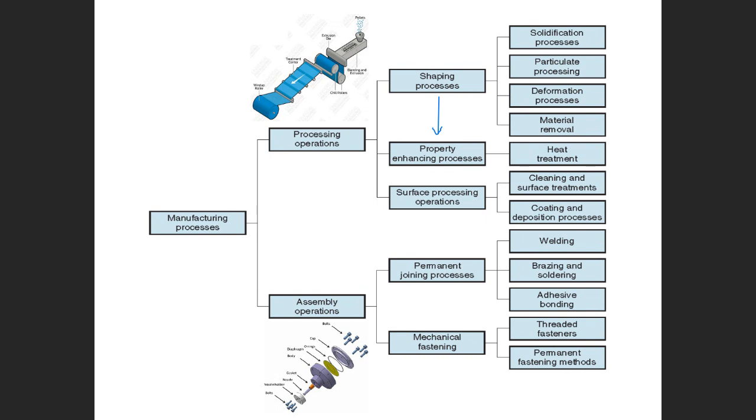You cannot do property enhancement before shaping. Shaping first. After the material reaches its final shape, you do property enhancement, like heat treatment. You do heat treatment to change the property of the material. So the material in a soft phase, after heat treatment becomes a hard phase, and so on. This is what we call property enhancement.